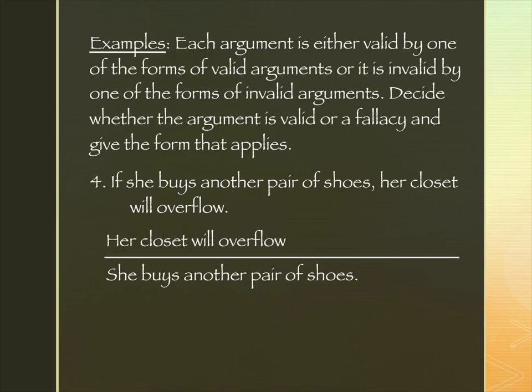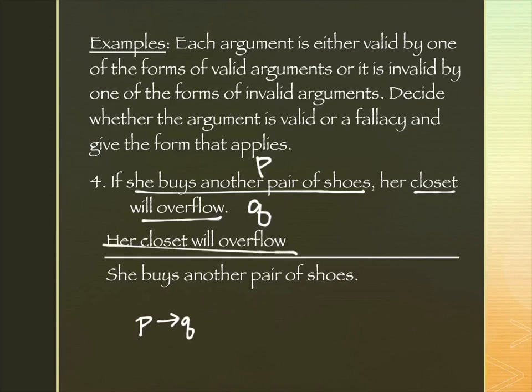So it says, if she buys another pair of shoes, so she buys another pair of shoes is our P statement. Her closet will overflow is her Q statement. Make sense? That's what the first statement says. It's P implies Q. It says her closet will overflow. What statement was that? Q. We do our therefore line. This says she buys another pair of shoes.